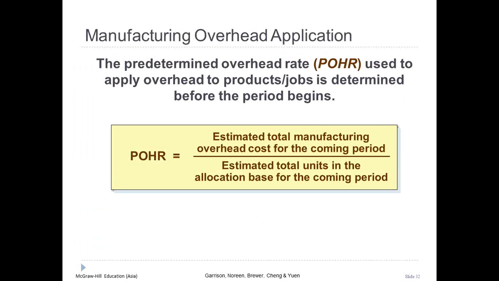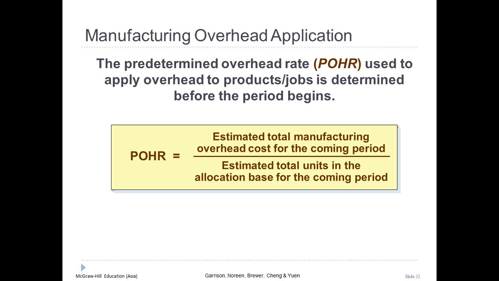So, manufacturing overhead application. To facilitate the allocation of manufacturing overhead to each product or job, we calculate a predetermined overhead rate before the period begins. The rate is calculated by dividing the total estimated manufacturing overhead for the coming period by the estimated total units of the allocation base.